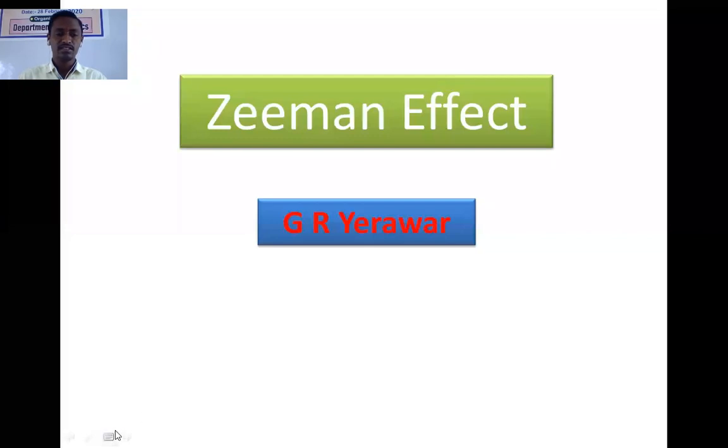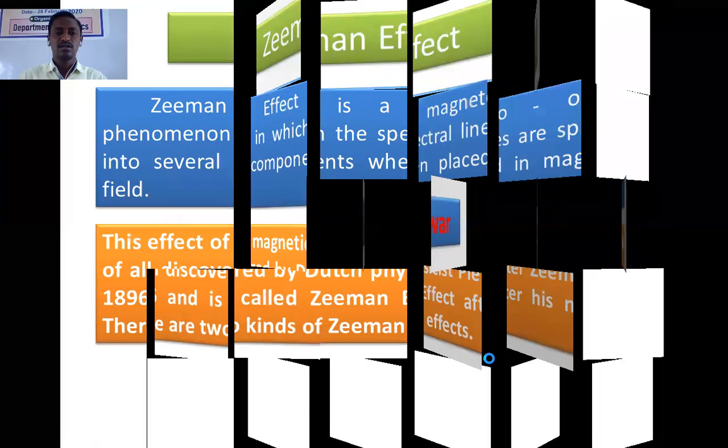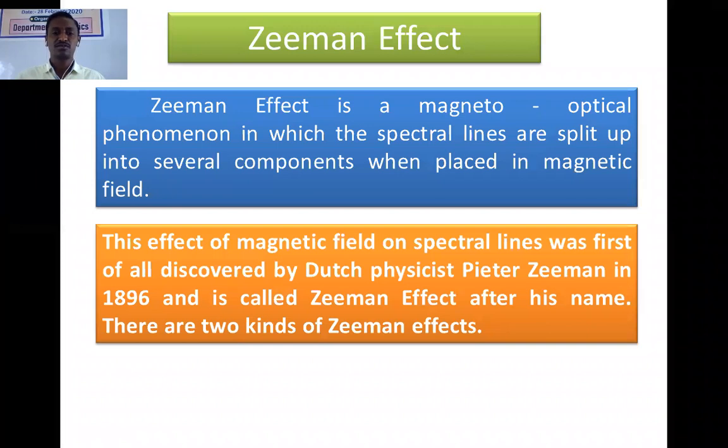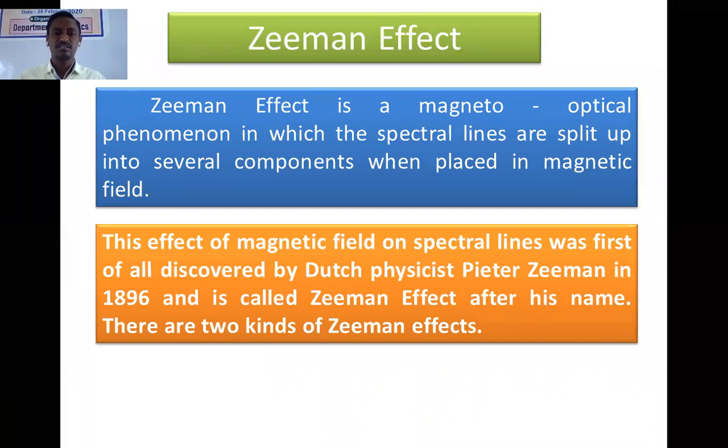The Zeeman effect is a magneto-optical phenomenon in which the spectral lines are split up into several components when placed in a magnetic field.